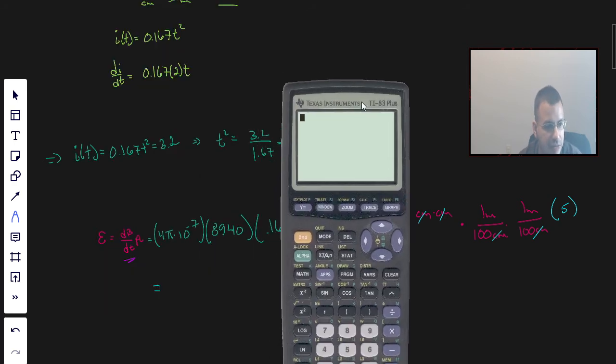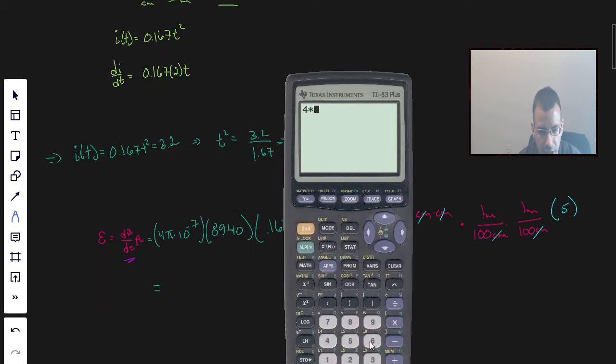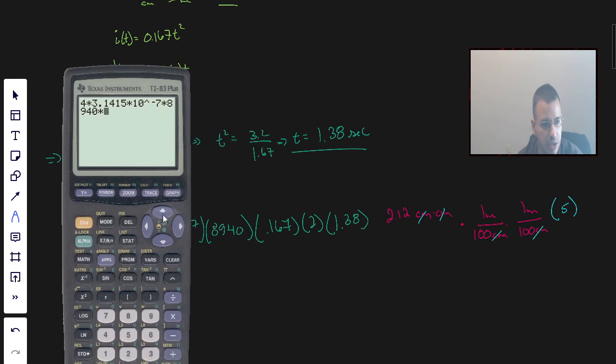So we're going to have many numbers. 4 times 3.1415. I know there's a pi button, but I don't care. Times 10 to the negative 7 times 8940 times 0.167 times 2 times 1.38, which I know could be more exact, I don't care.